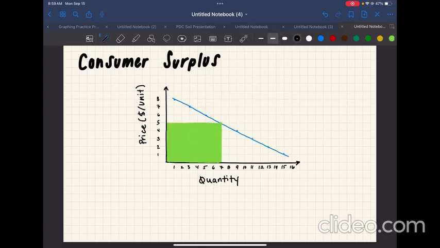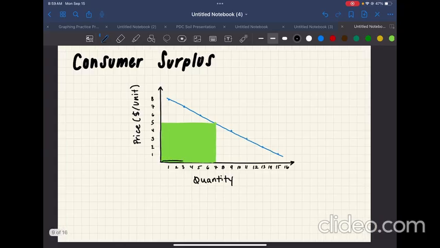That is this rectangle, because we know that the area of a rectangle is its base times its height. So we're going to use geometry here to figure out the total paid by the market.